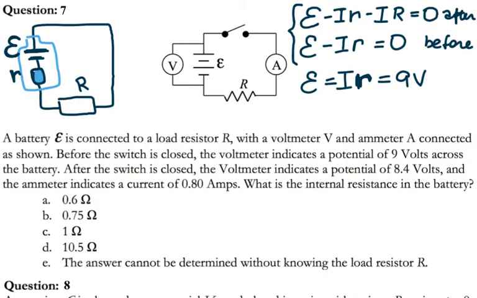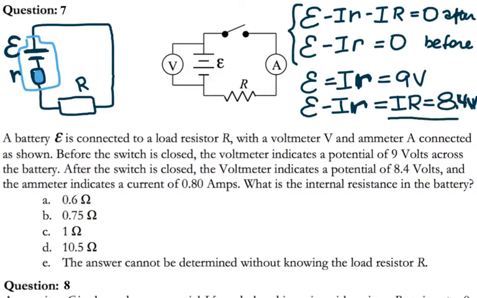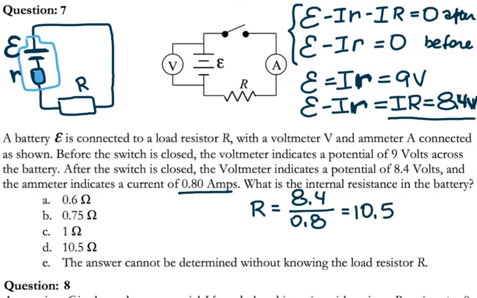And after the resistor is connected, I have EMF minus I times r, the internal resistance part, equals I times R and equals 8.4 volts. So I times R is equal to 8.4 volts, and they give you the current, 0.8 amps. So I can find that R is equal to 8.4 divided by 0.8, and that will give me the resistance of 10.5 ohms.